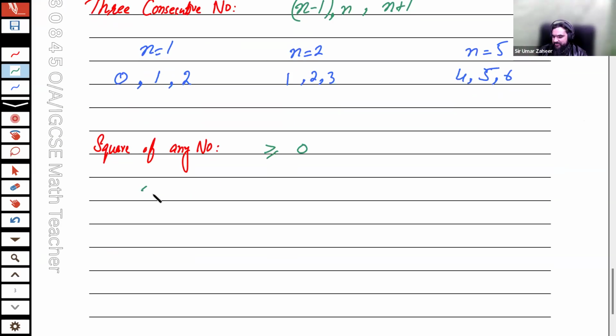For example, if n is equal to 1, 1 squared will be 1. If n is equal to 2, it will be 4. If n is equal to minus 3, it will be 9. So you will always get a number that is greater than or equal to 0. Any question till here?